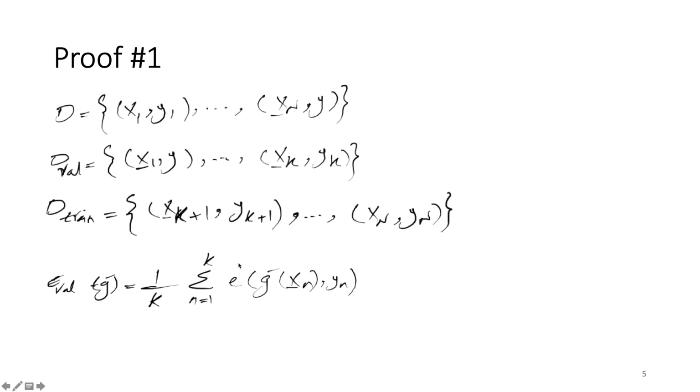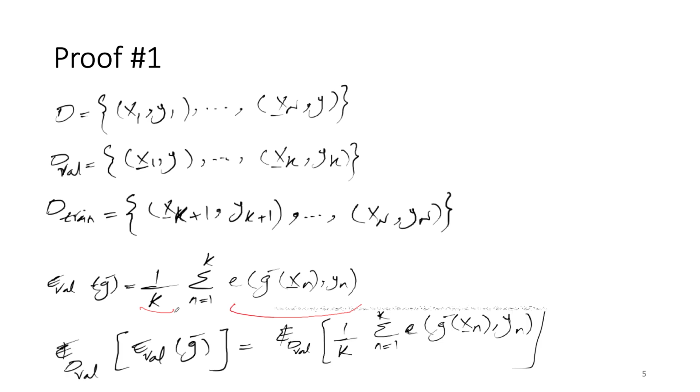And then we estimate the error of val as the validation error of G minus. So estimating each of those points, summing each of the points divided by the number of samples in that Dval.